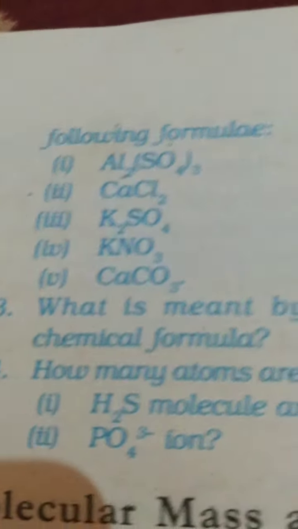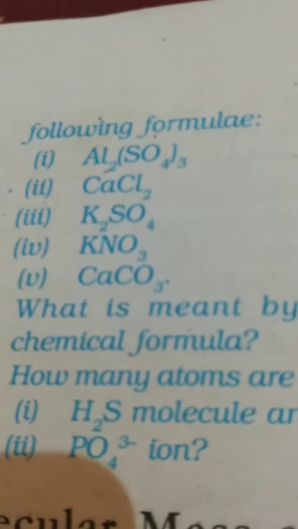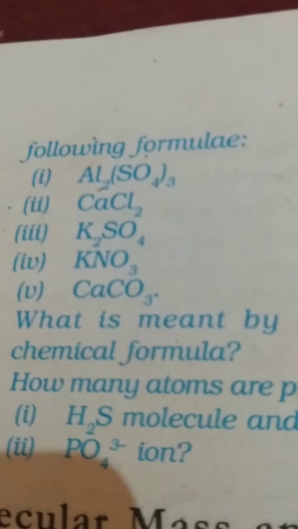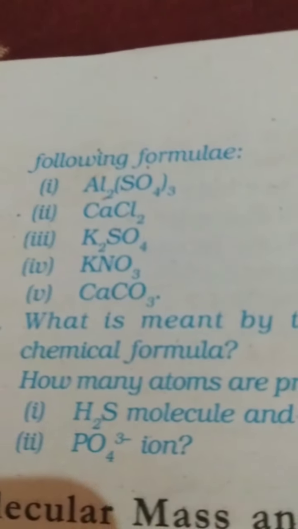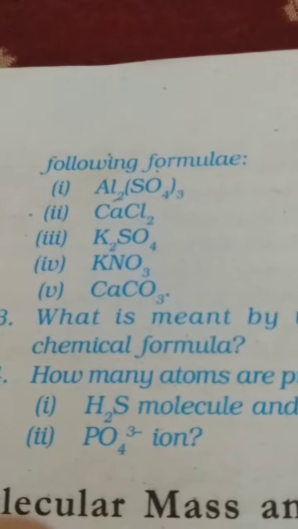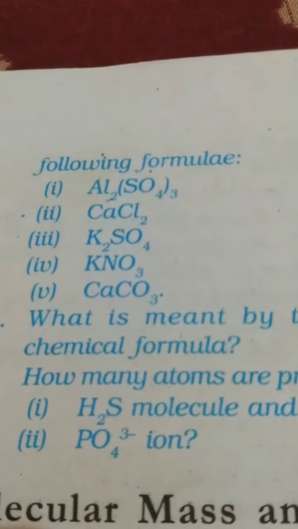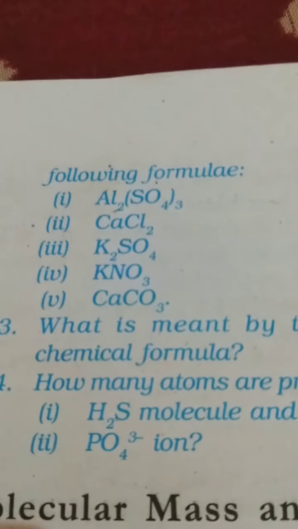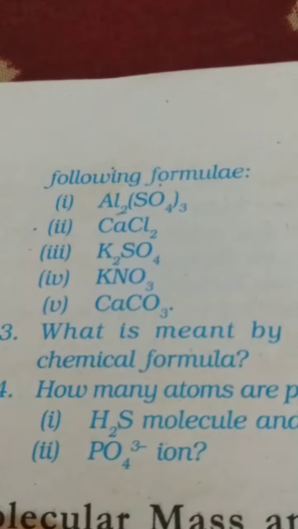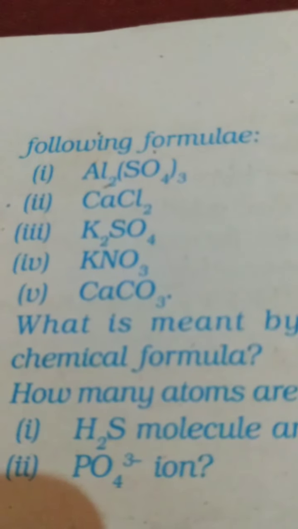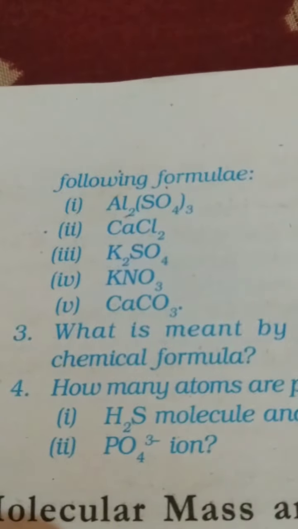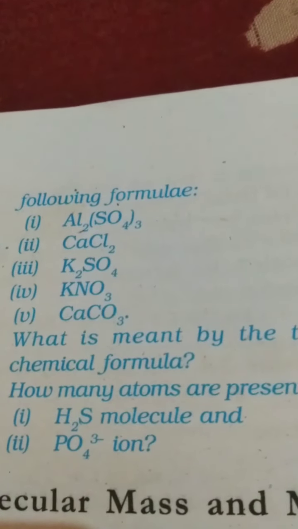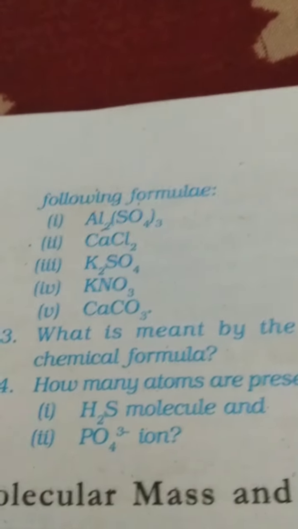Name we speak differently, like Al2(SO4)3. This I am speaking the formula, but how will the chemical name be spoken? Aluminium sulfate. So you can also speak that dialuminium trisulfate. This is also a way to speak by representing the number of the cations and anions. Dialuminium because there are 2 atoms of aluminium, and trisulfate 3 atoms of sulfate ion.